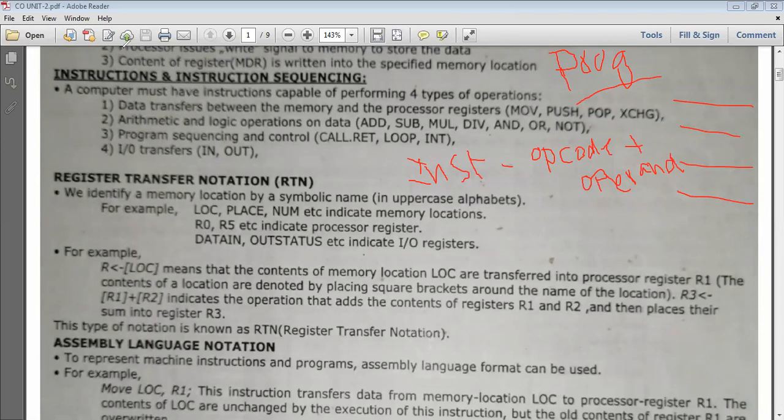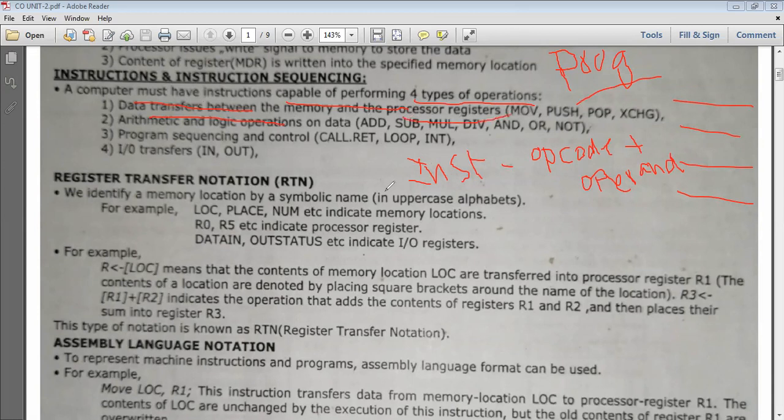See here, instruction and instruction sequencing. A computer must have instructions capable of performing 4 types of operations. What are the 4 types here? Data transfers between the memory and the processor registers.